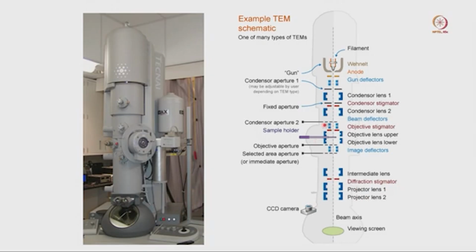Now how do we connect those things? The condenser aperture and condenser lens system are connected here, then condenser 2, then our sample holder. This is our objective lens system, connected here, and then the objective lens aperture and selected area aperture are connected here.